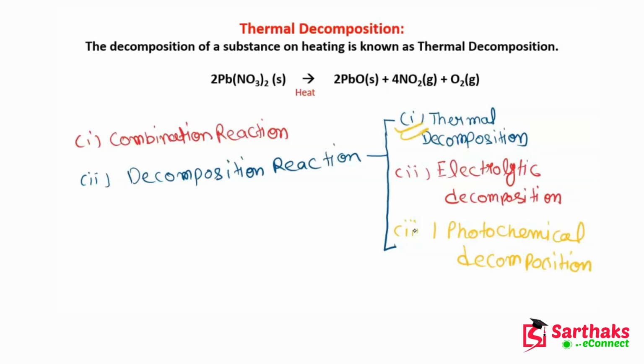Here, the example which is given here is an example of thermal decomposition. Basically, what is happening here is this is lead nitrate. Let me write it here. This lead nitrate is in solid state, and this is a colorless substance.